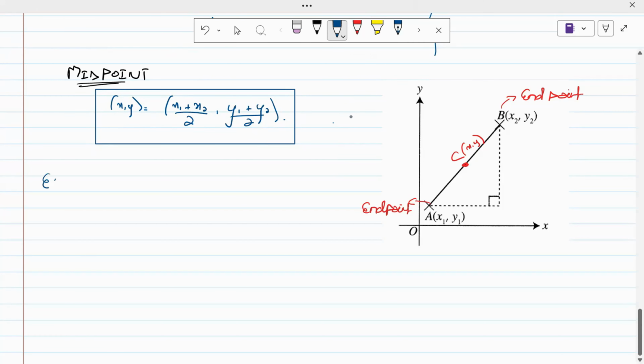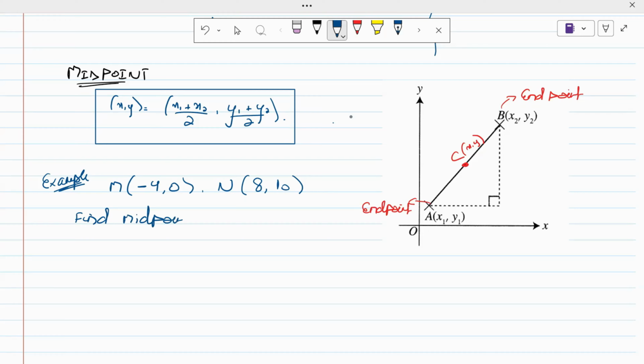Example: let's suppose we have the endpoints given as M and N. M having the coordinates minus 4 comma 0 and N having the coordinates 8 comma 10. And the question says find the midpoint of MN.